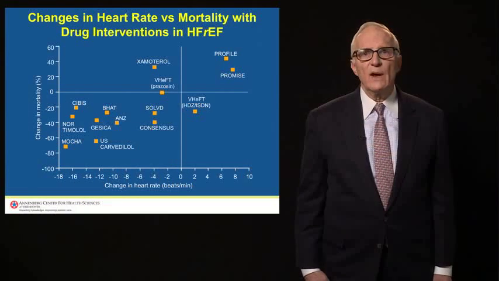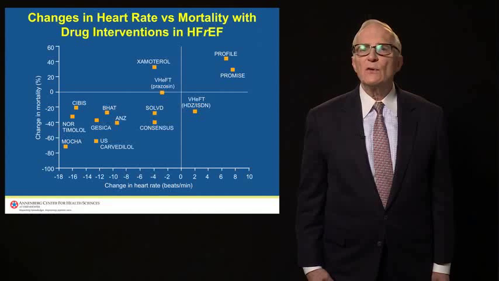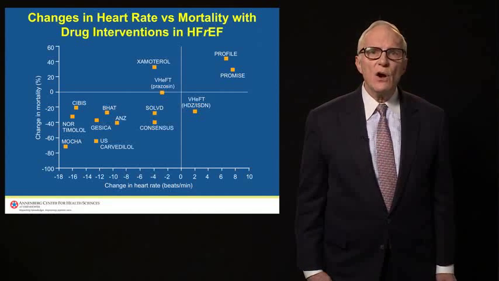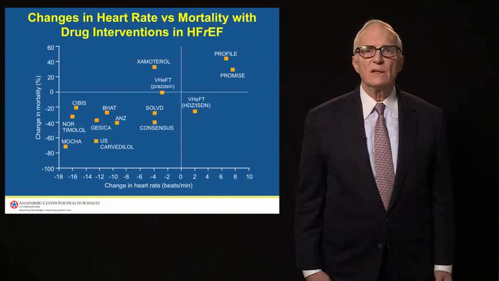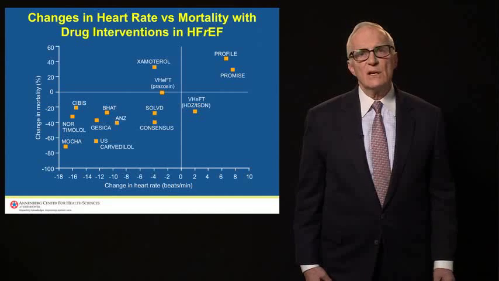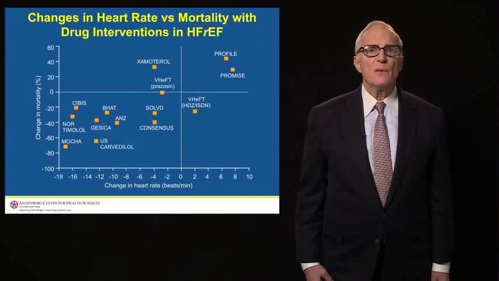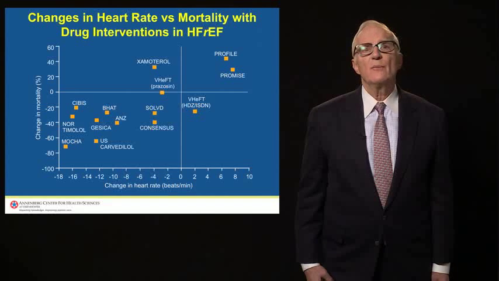And in fact, if heart rate increased, as it did with certain drugs, survival worsened. So clearly, heart rate is a major factor in the outcome of patients with HFrEF. And just as clearly, beta blockers, which decrease heart rate, have much of their effect, if not their predominant effect, by reducing heart rate.